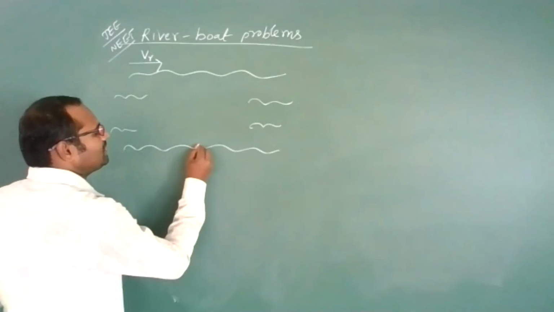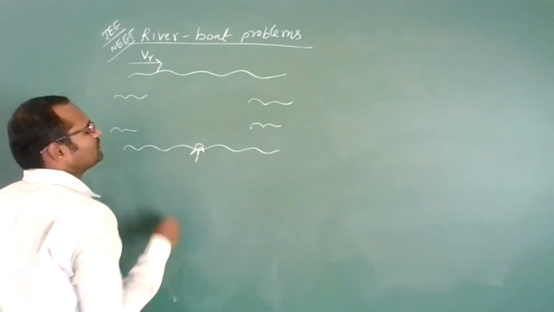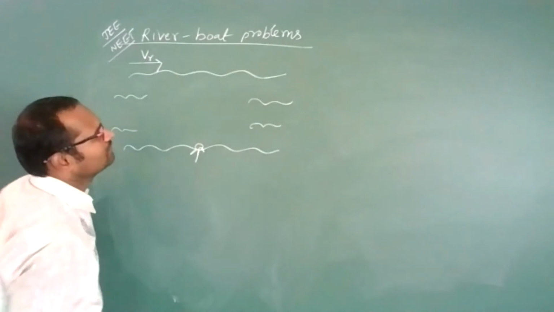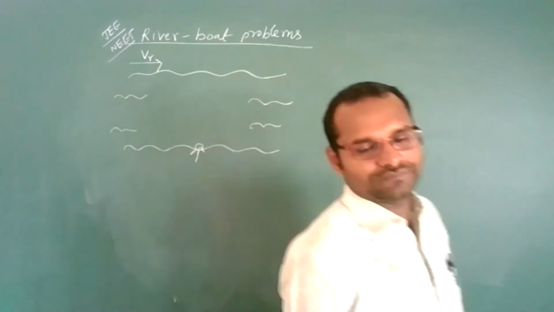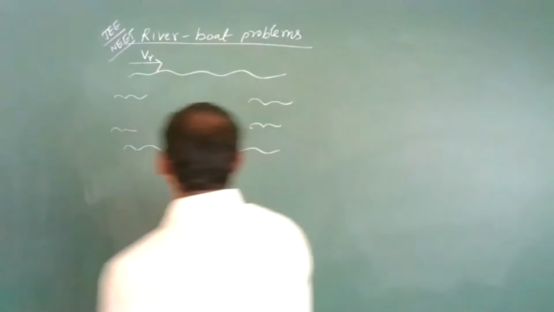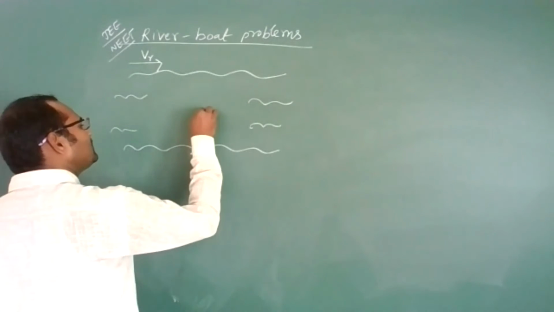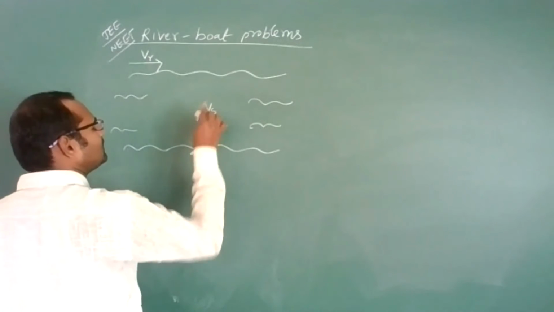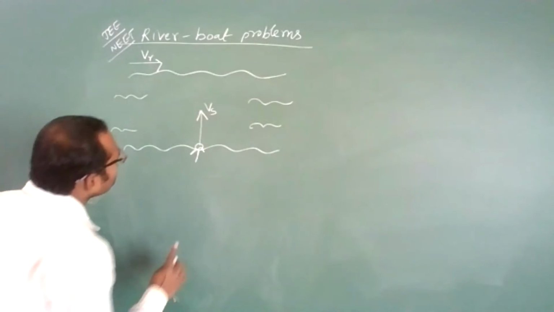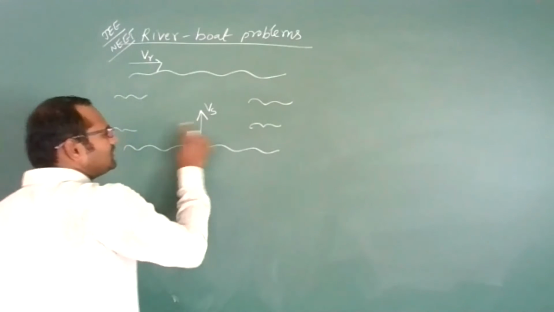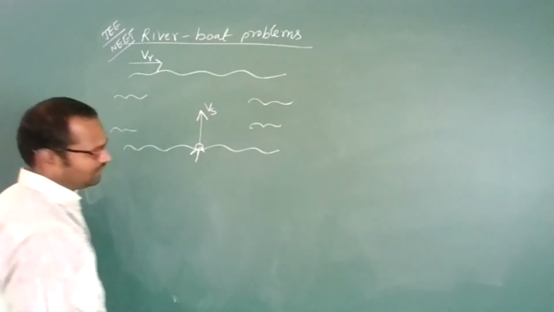Now there is one swimmer. He needs to swim across this river. Let us imagine the swimmer is swimming in this direction. This is velocity of swimmer. It means the swimmer wants to swim in this river in this direction.